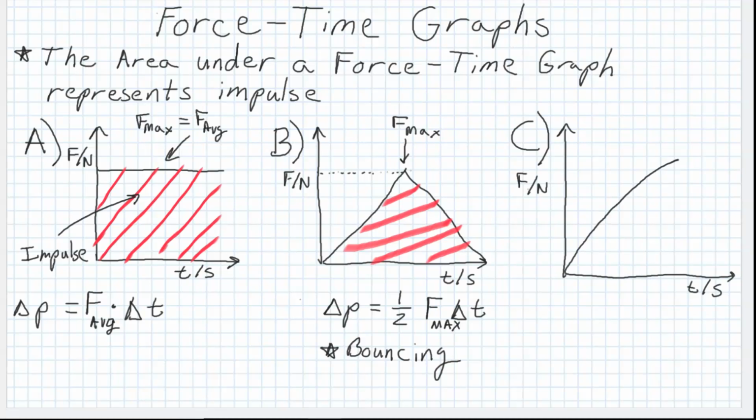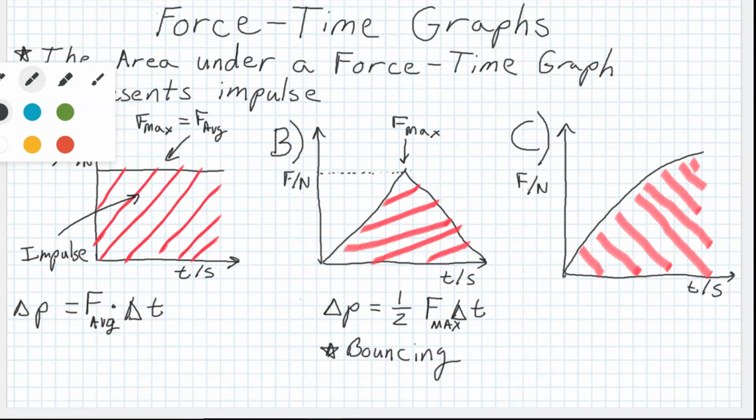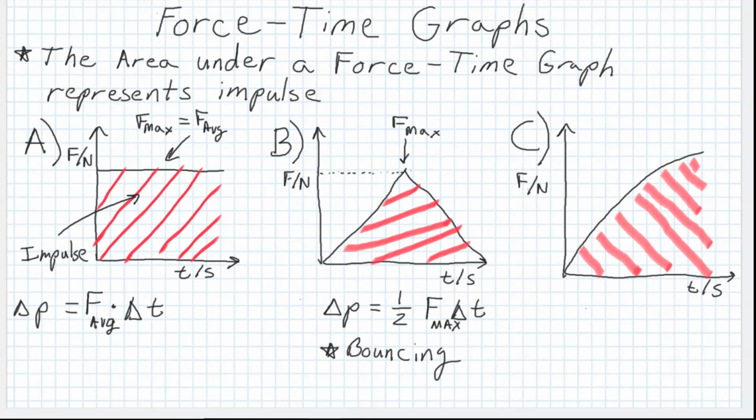So for example, if I have a nice curve or something not geometric shaped, how should I handle this? The area under this line still represents impulse, but because my force isn't linear and isn't constant, I can't just use a triangle or rectangle shape, so we can use integration.